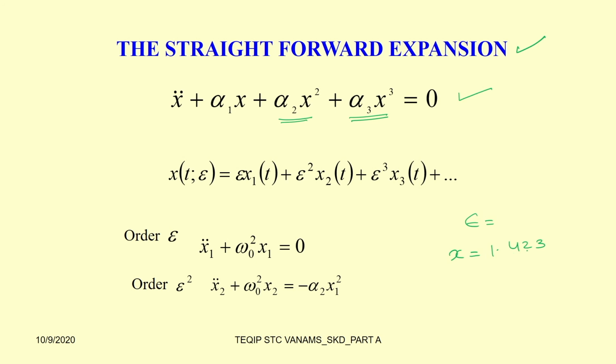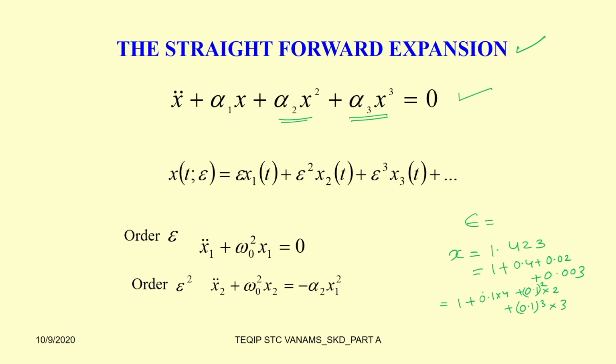So, this x equal to 1.423, you can divide it in this way, 1 plus 0.4 plus 0.02 plus 0.003, or you can write this equal to 1 plus 0.1 into 4 plus 0.1 square into 2 plus 0.1 cube into 3.